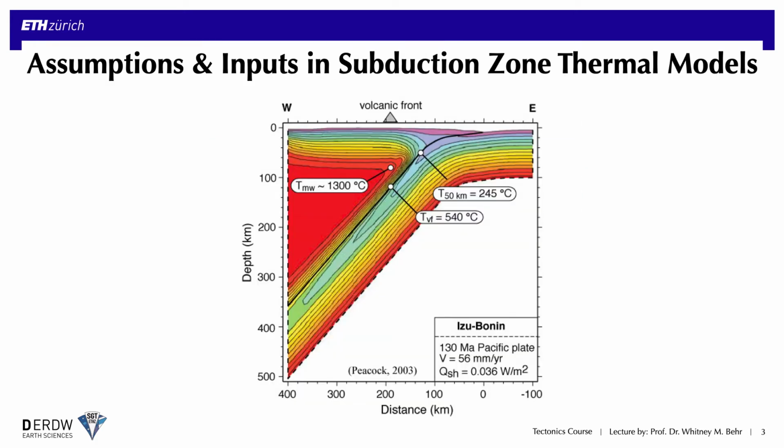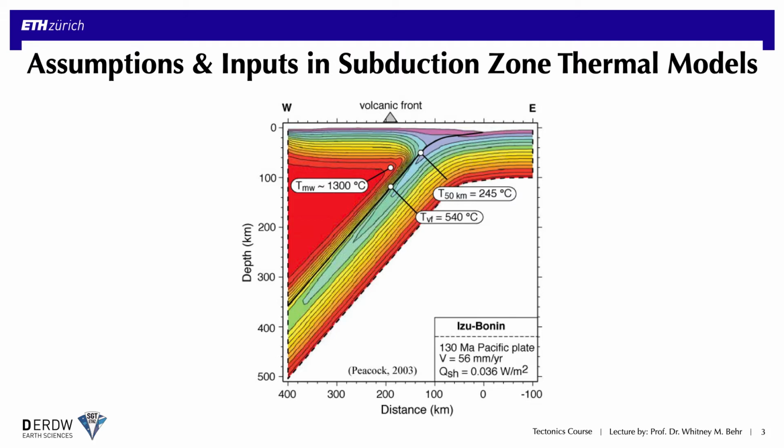So ultimately, a more precise subduction zone thermal model will look something like this. The colors correspond to temperature, with blues and purples being very cold, less than 300 degrees, and red colors being very hot, greater than 1,200 degrees.